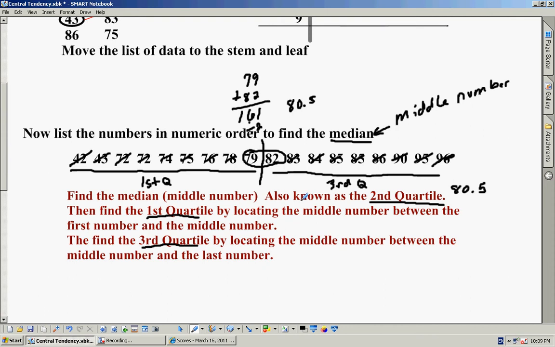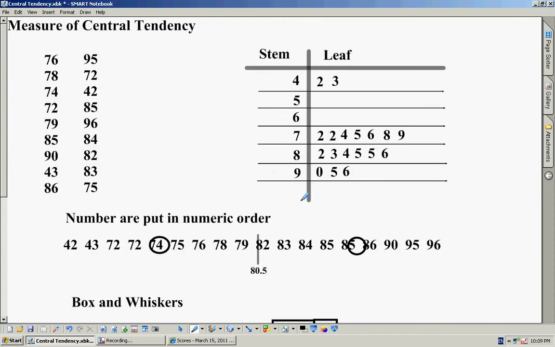All right, let's check it out. We already found this, 80.5. That is our middle number, or our second quartile, or what we call the median. You should have gotten 74 as your first quartile.